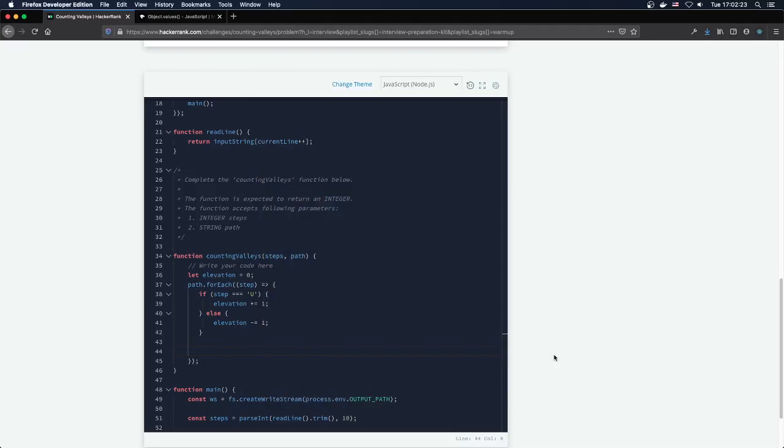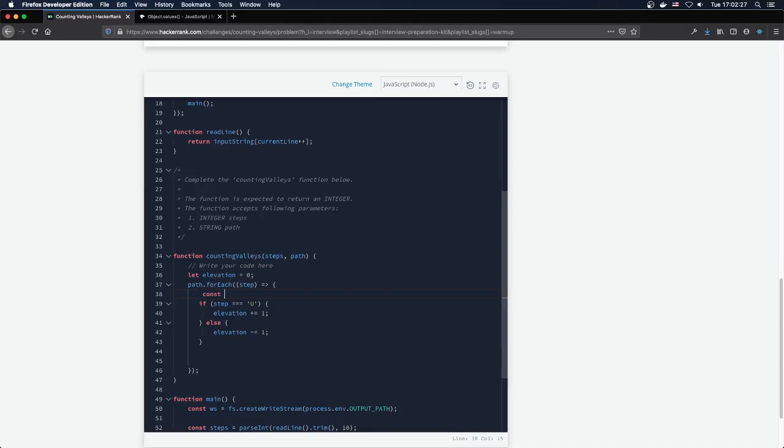Alright, where was I? Okay, so I need to keep track of the beginning elevation, which is the elevation.